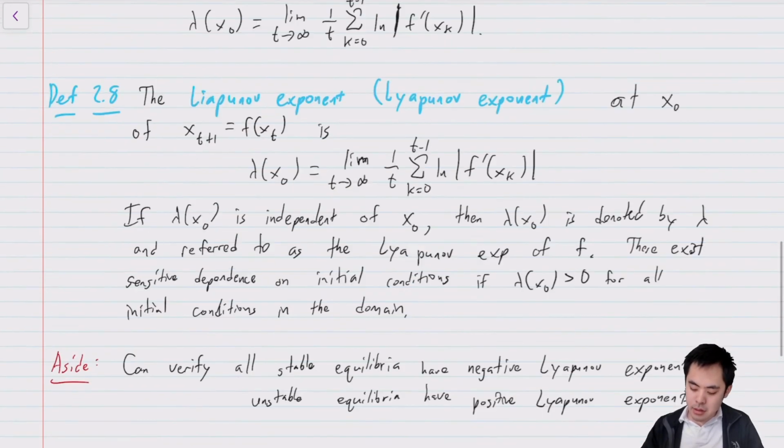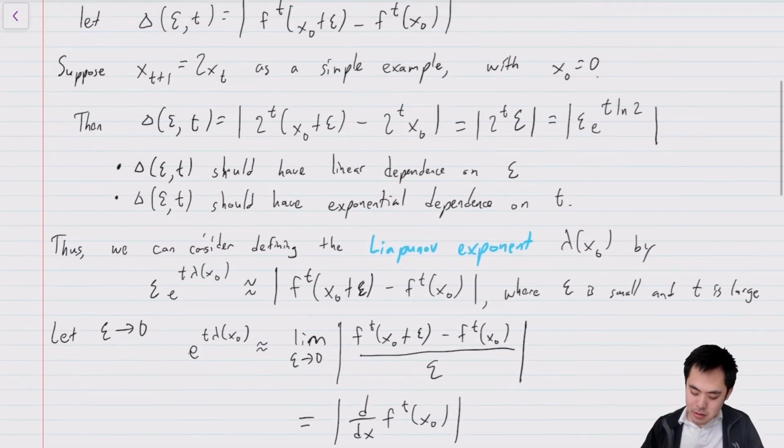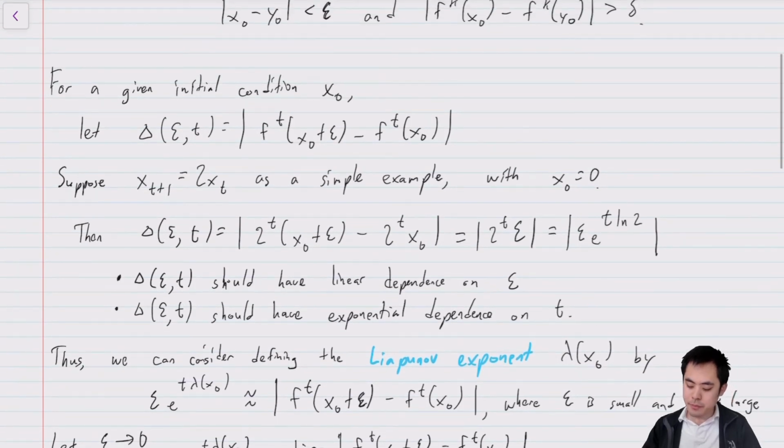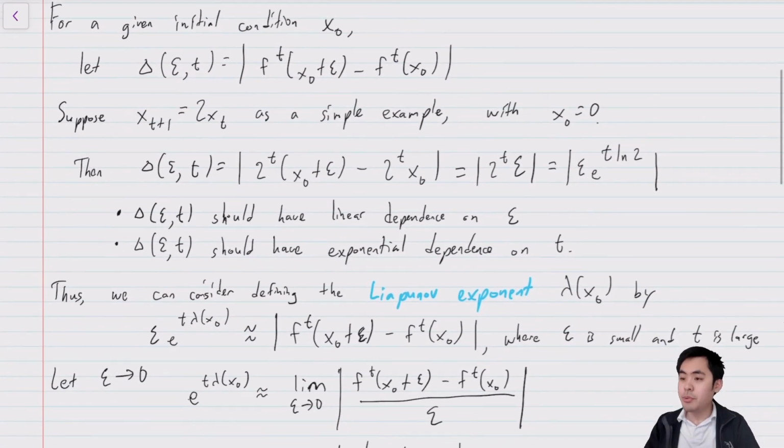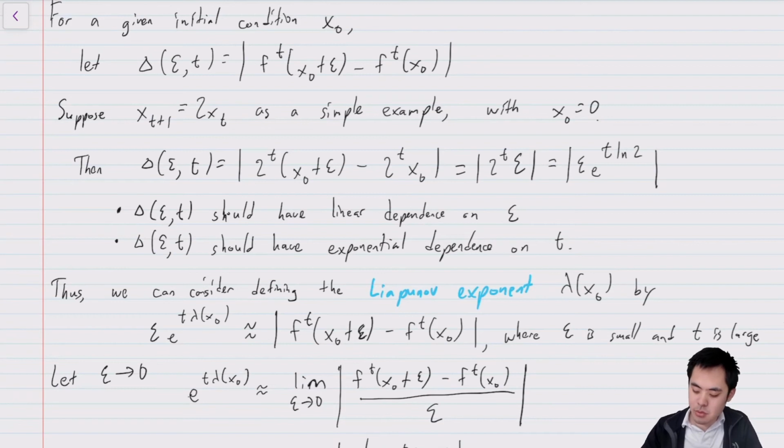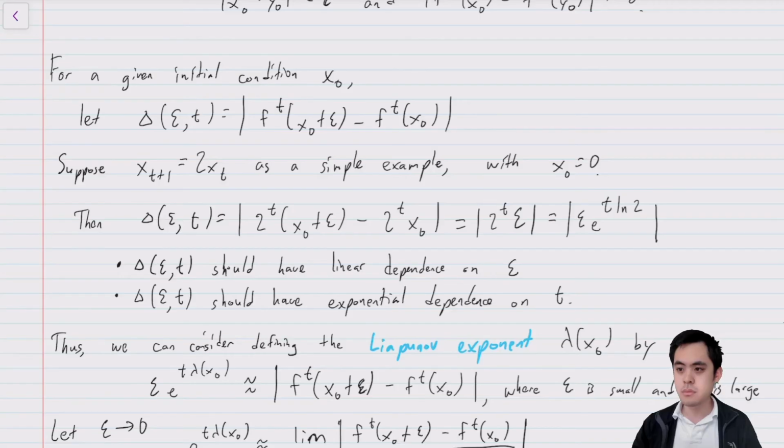Okay, and so we can sort of see that in our example up here, where the Lyapunov exponent was just the natural log of 2. And of course, the natural log of 2 is positive.